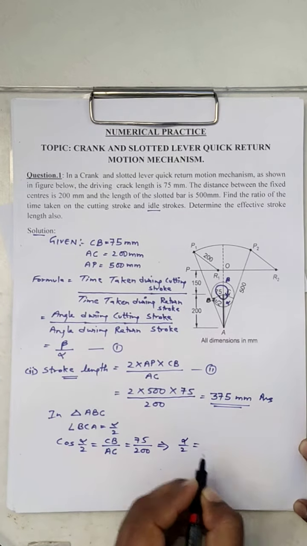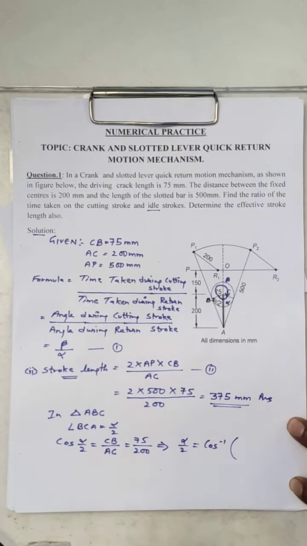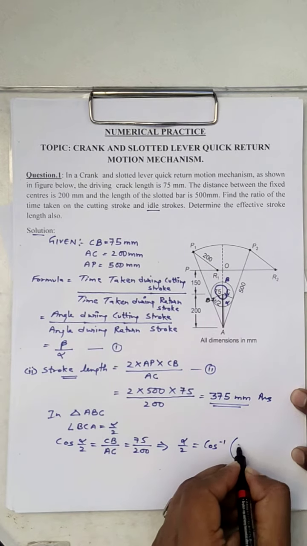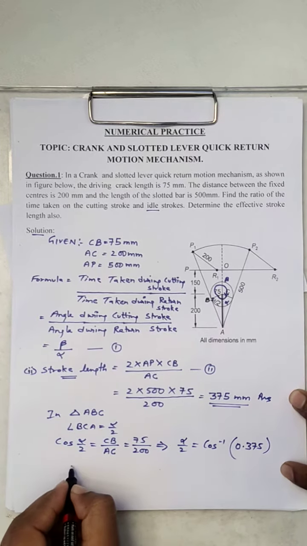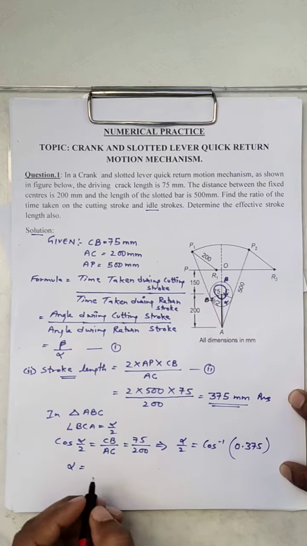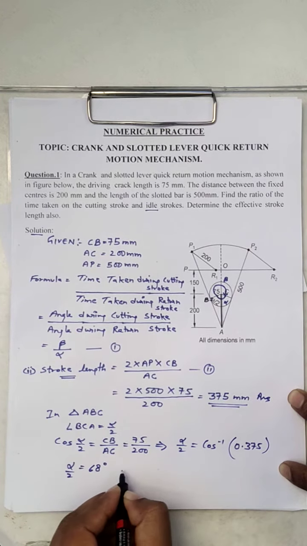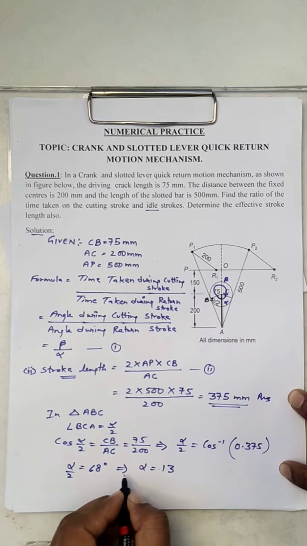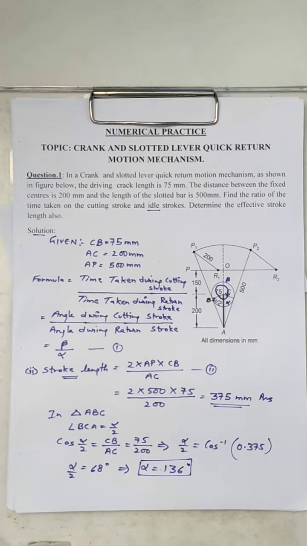This implies alpha by 2 will equal cos inverse of 75 upon 200. It will come out to be 0.375. So alpha by 2 is 68 degree, which implies alpha equals 136 degree, that is 68 into 2. Yes, this much is clear to you.